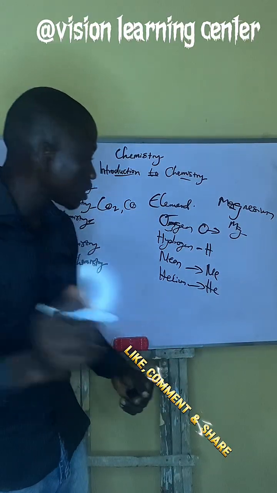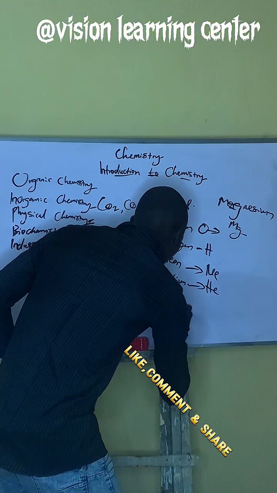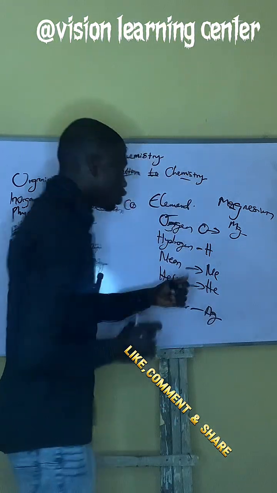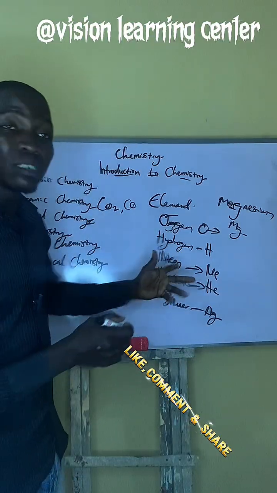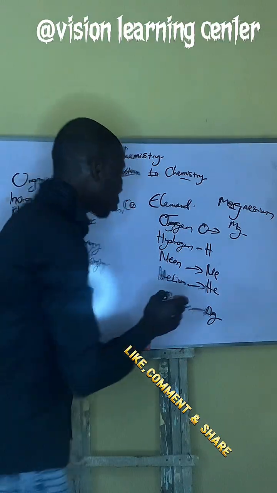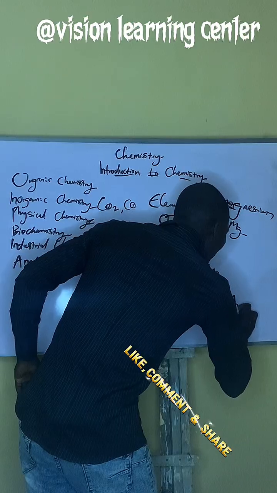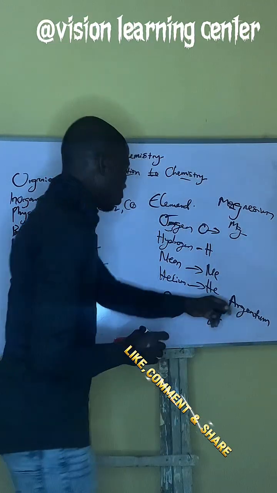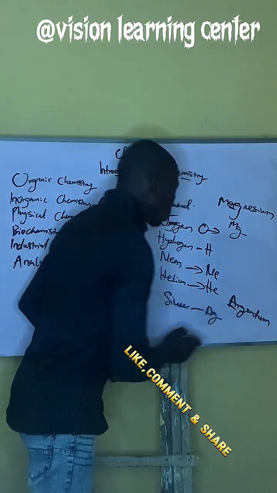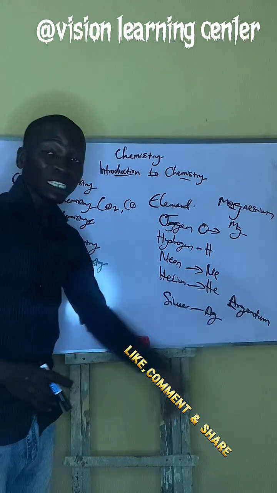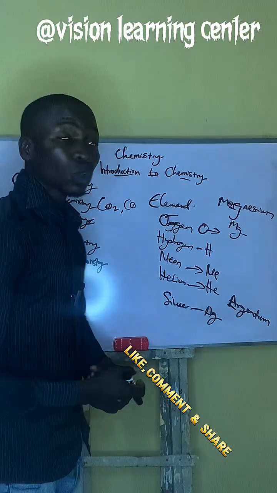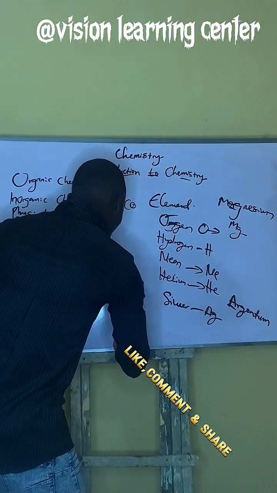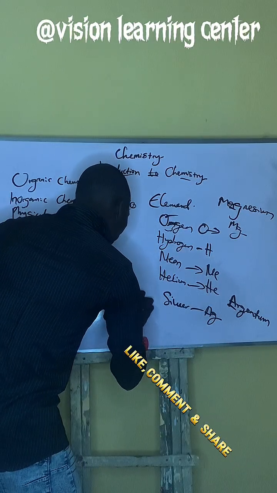Like silver, which is Ag. This Ag is gotten from the Latin name of silver, which is argentum. This is where the chemical symbol is gotten from. We have iron, which is Fe.